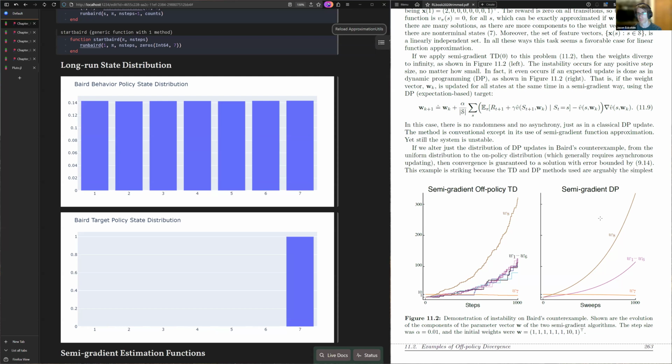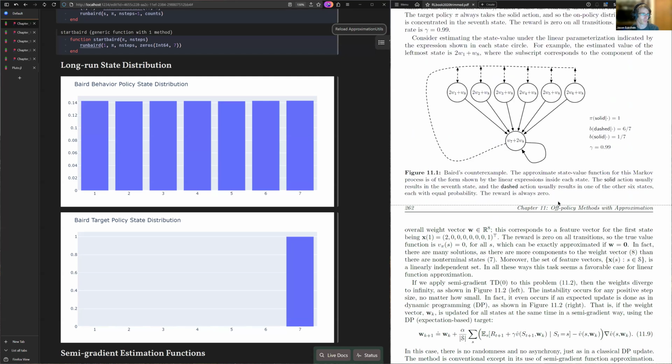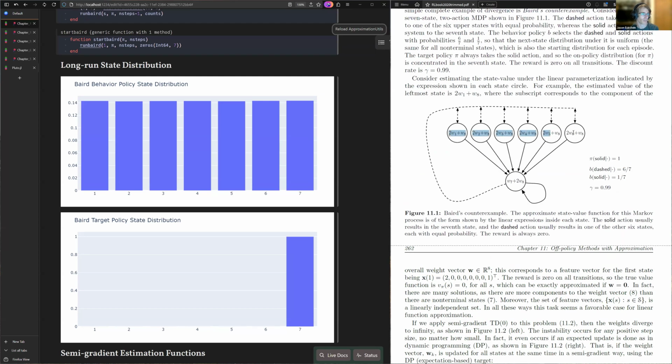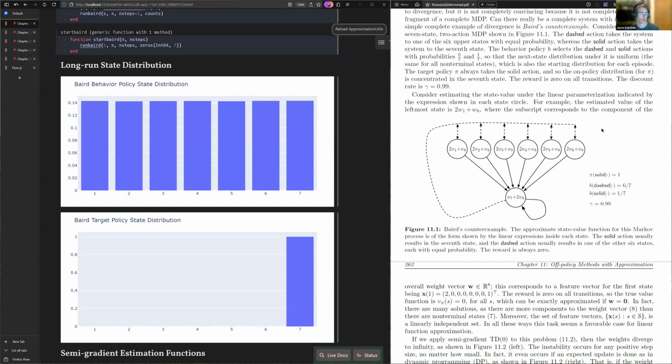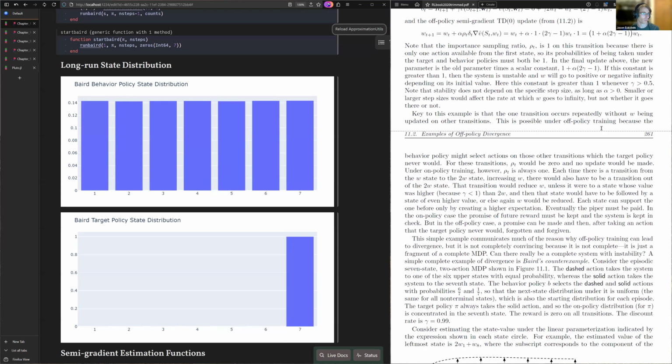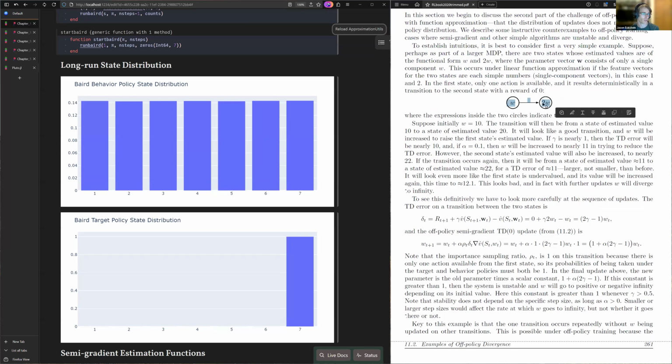But there's also a different reason why the next example has an instability. The thing that's so concerning about this example is that it's not from the typical situation where approximation has problems, which is where we're not actually free to have the correct state values because they're being connected in some way.